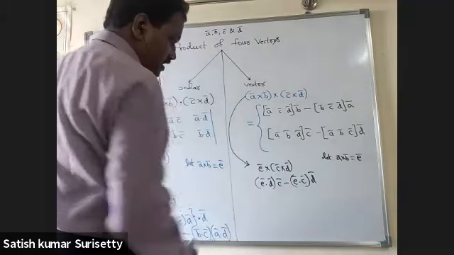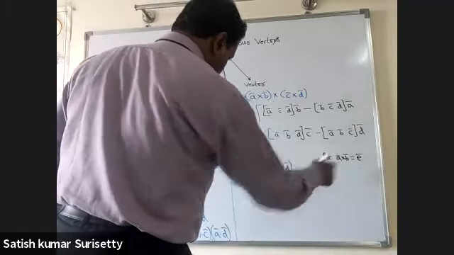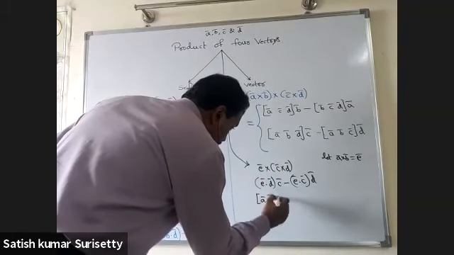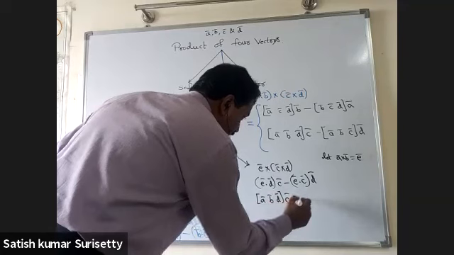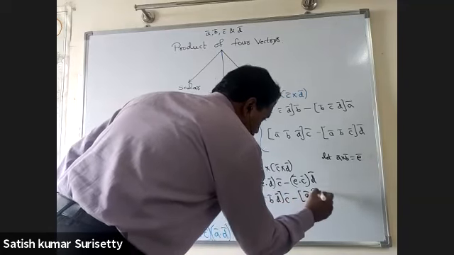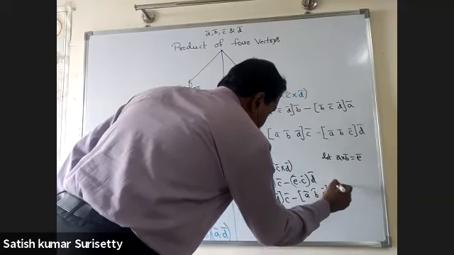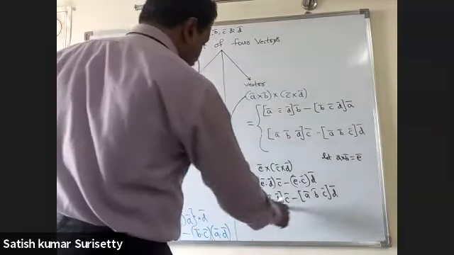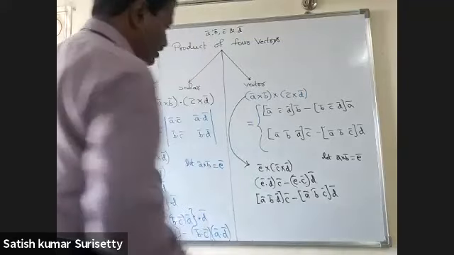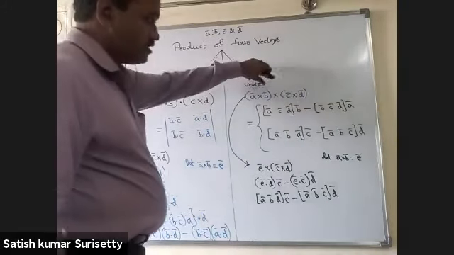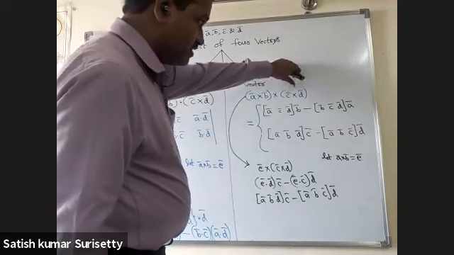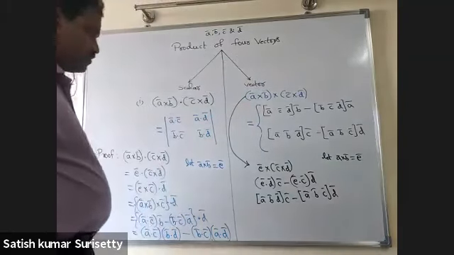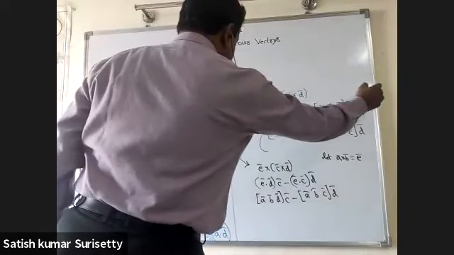Now E bar dot D bar, E bar means A bar cross B bar, that means a scalar triple product: A bar, B bar, D bar into C bar minus A bar, B bar, C bar into D bar, which is the same as the second part, that is, the linear combination of C bar and D bar. So instead of taking substitution A cross B, if I take substitution C cross D as E bar and apply the vector triple product formula, then you can derive the first part.